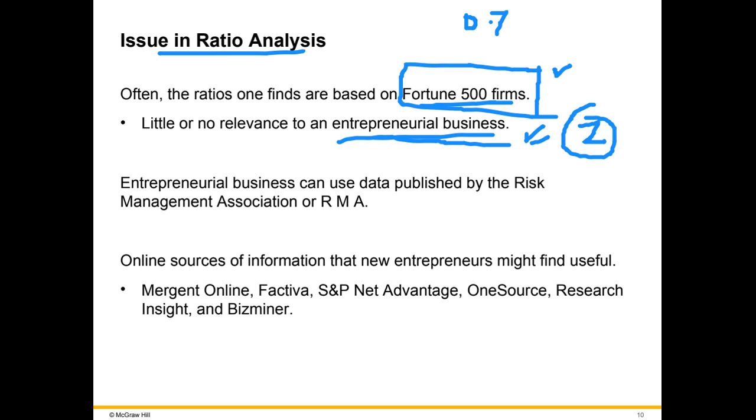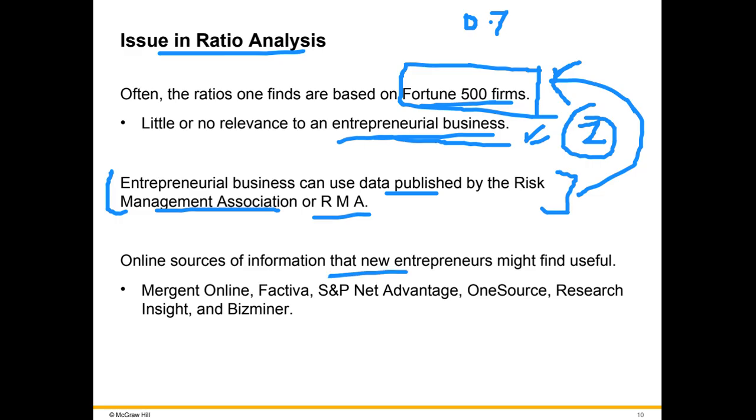Anyways, entrepreneurial businesses can use the data published by the Risk Management Association, RMA. This can be more relevant as compared to Fortune 500 ratio analysis data. Online sources of information that new entrepreneurs might find useful are Margent Online, Factiva, S&P Net Advantage, OneSource, Research Insight, and Bizminer.